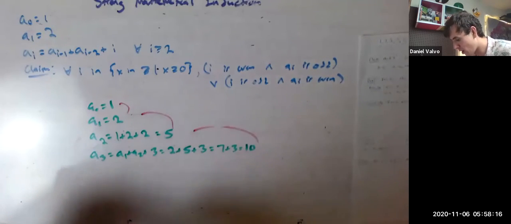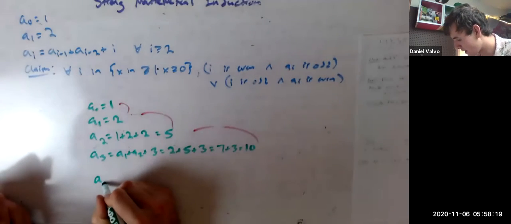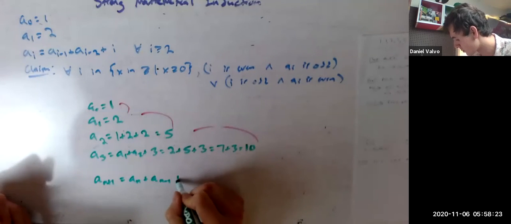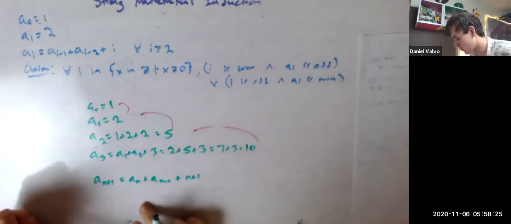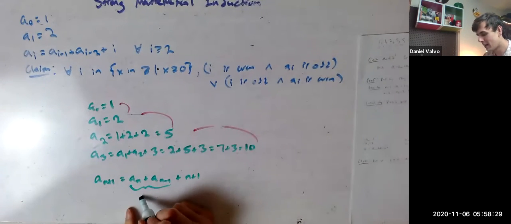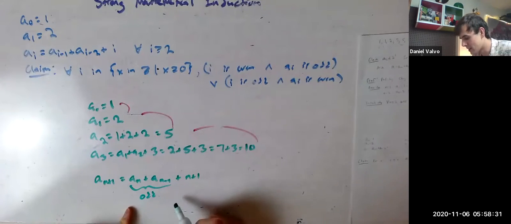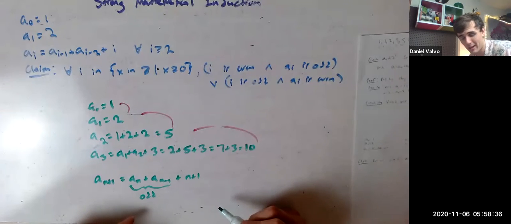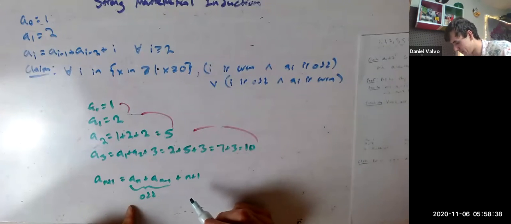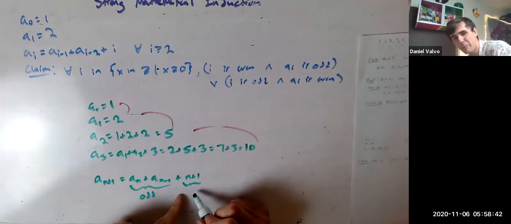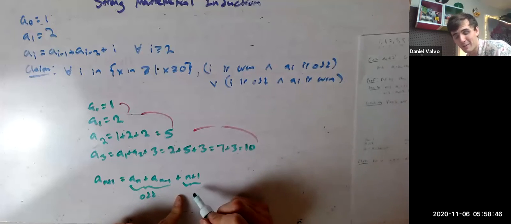So when we go to calculate a_{n+1}, which equals a_n plus a_{n-1} plus n plus 1, a_n plus a_{n-1} is going to be odd. It's going to be an odd plus an even or an even plus an odd. They're going to be opposites, is the point. It's going to be odd. And then an odd plus an even is an odd, and an odd plus an odd is an even.